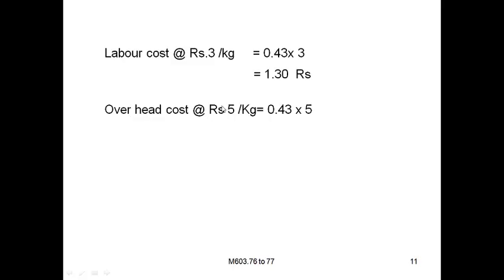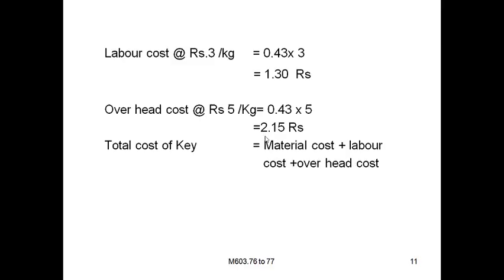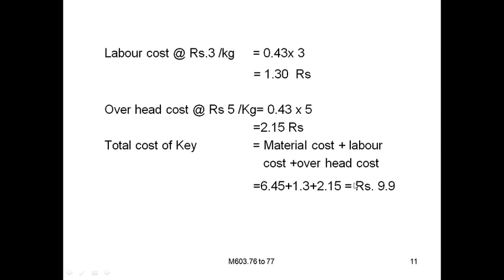This is also specified in our problem, that is 5 rupees per kg. You multiply that, you will get the cost. So the total cost of the key is, you sum up all these values, 6.45, 1.3, 2.15. So totally you will get 9.9 rupees per piece, or for one object.